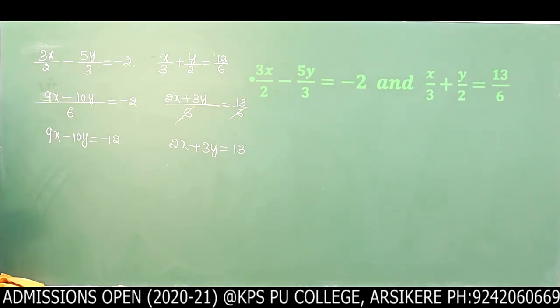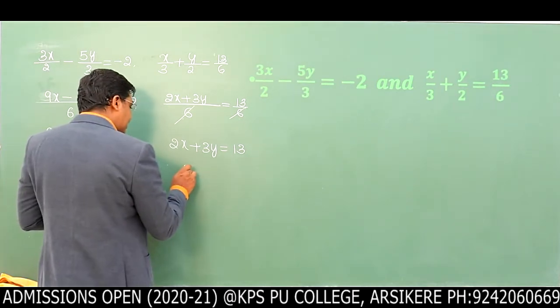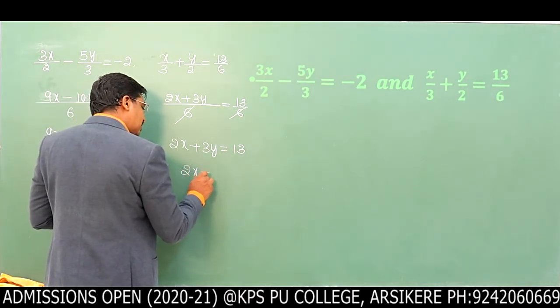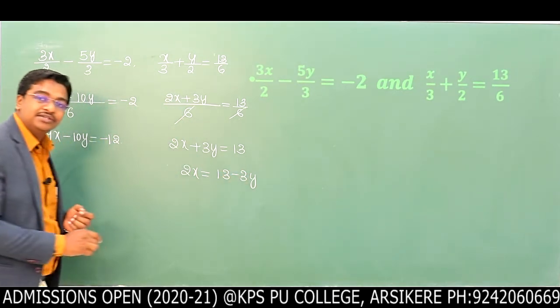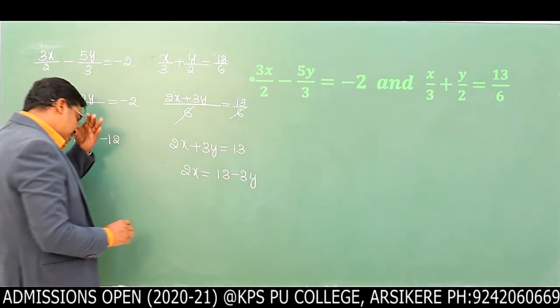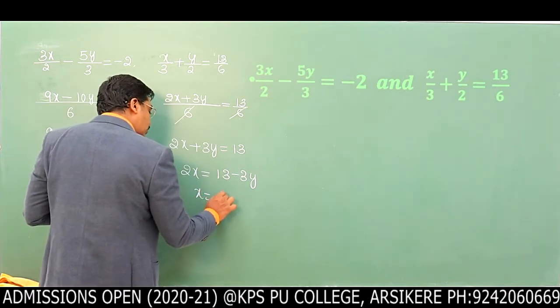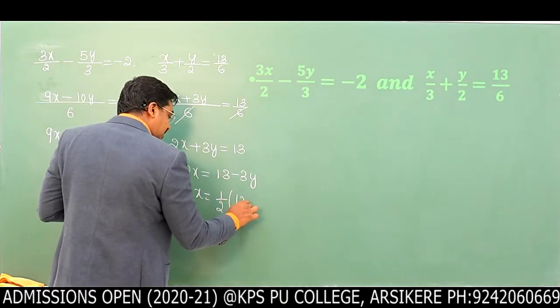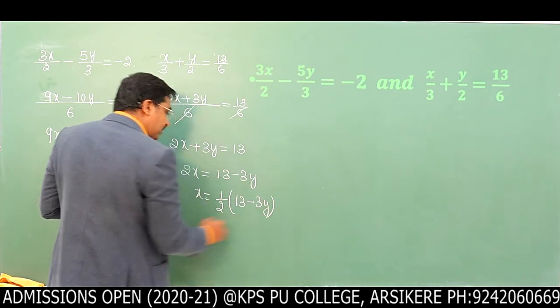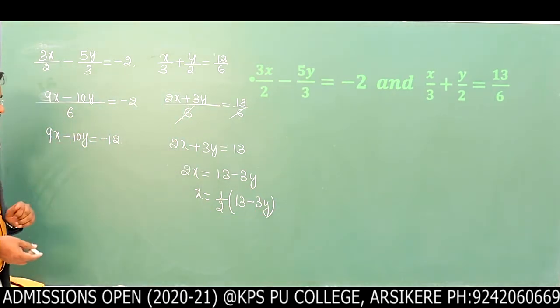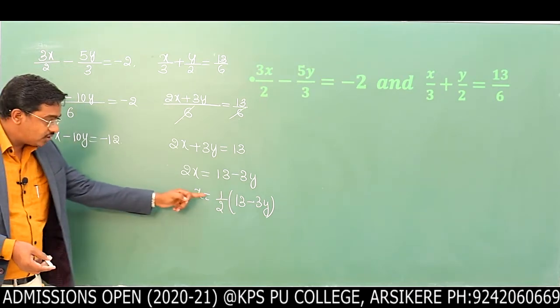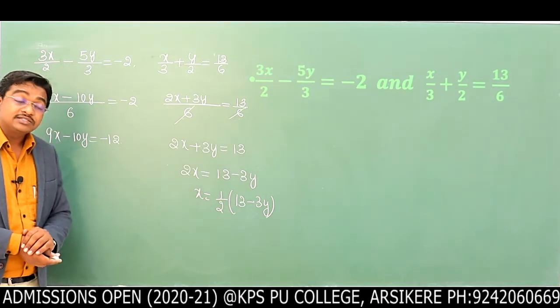It takes somewhat more time, so I will write this as 2x is equal to 13 minus 3y. What is 2x? 2x is equal to 13 minus 3y. So x is equal to 1 by 2 times 13 minus 3y. Now we can substitute x is equal to 1 by 2 times 13 minus 3y in this equation.